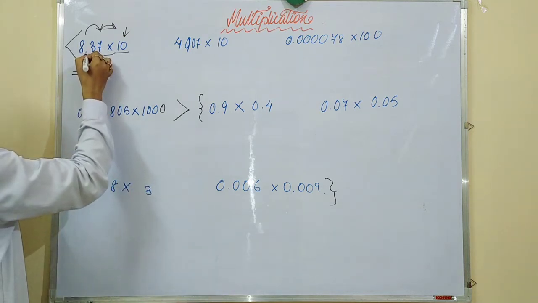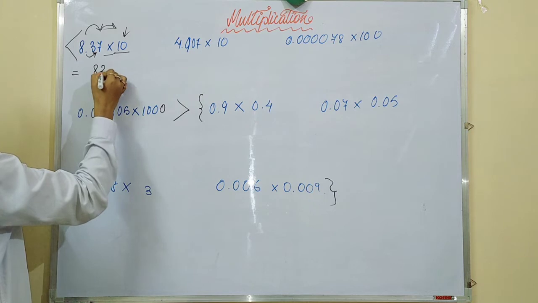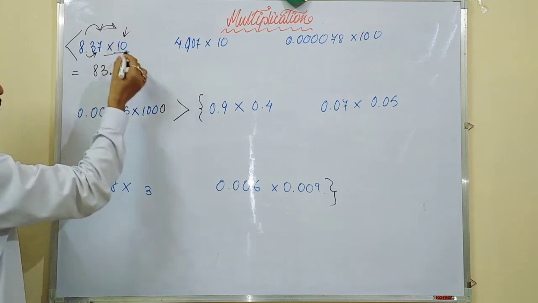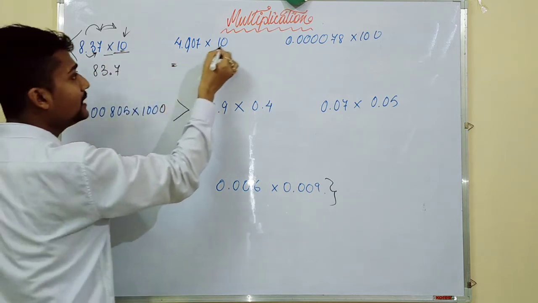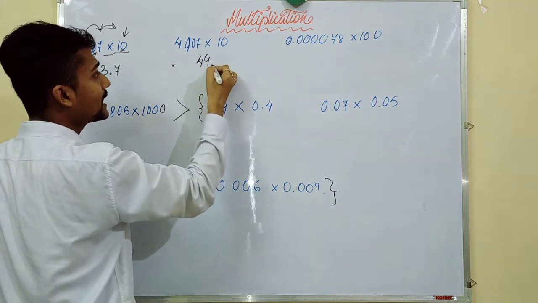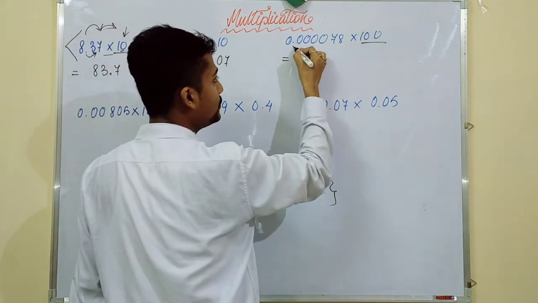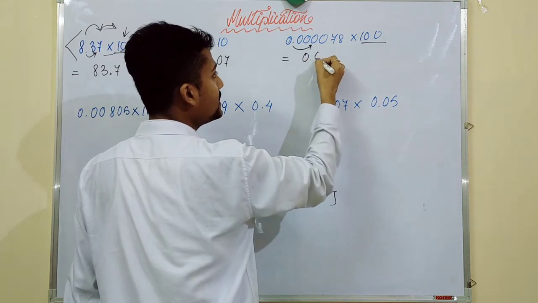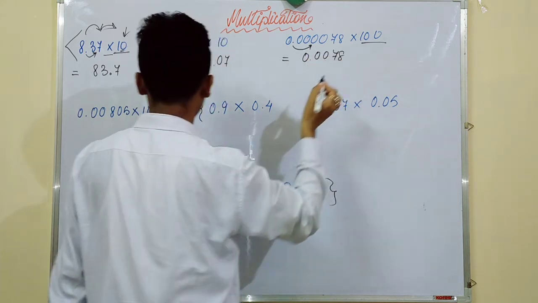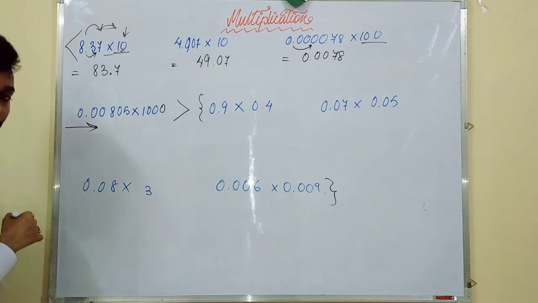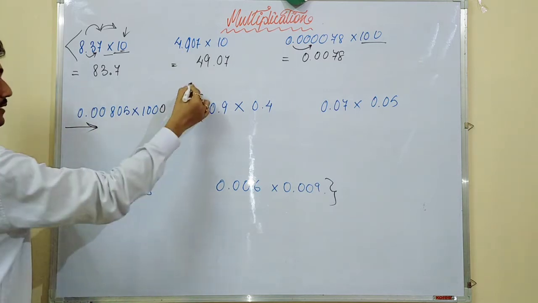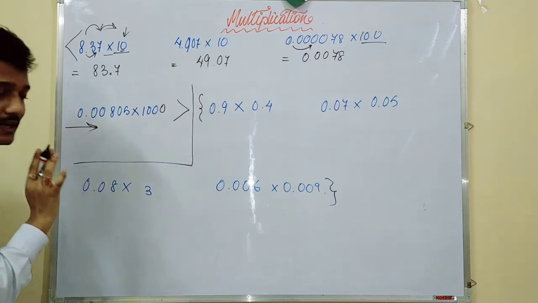So if it is 8.37, then it will become 83.7. Once it will go, because here it is 10. Here it will become 49.07. Here there are 2 zeros, that means it will move 2 times. So 0.0078, this I leave it up to you. You will try to do it by yourself. Okay. So till this much we have done.